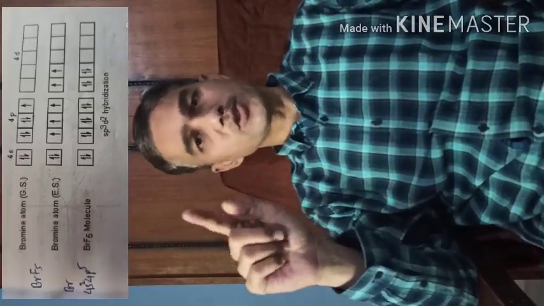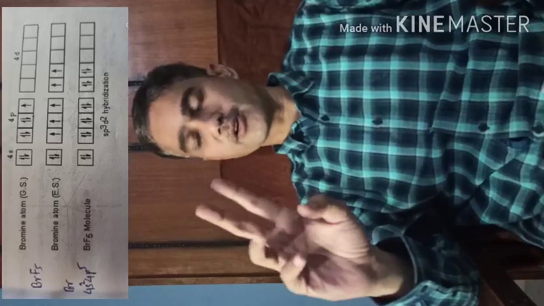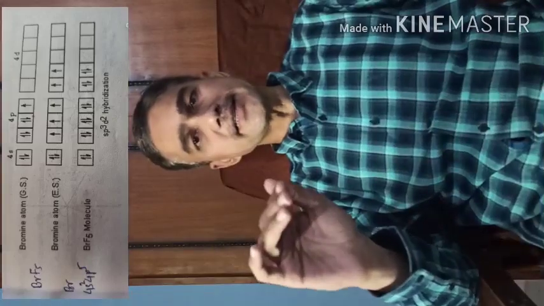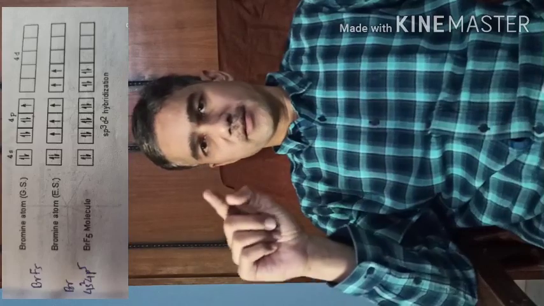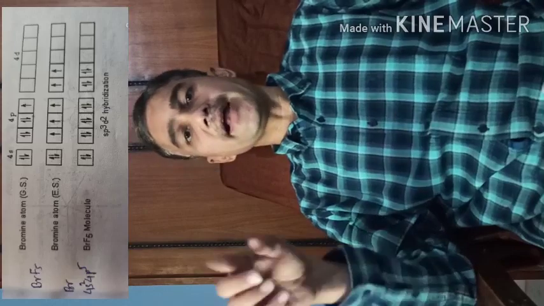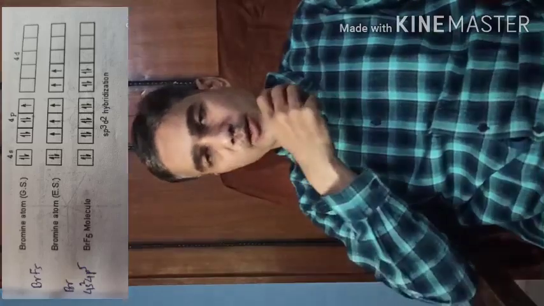The ground state electronic configuration of bromine is 4s2 4p5. In the excited state, 2 electrons get promoted from the p atomic orbital to vacant 4d atomic orbitals, thereby giving 5 unpaired electrons in total. And these atomic orbitals will undergo sp3d2 hybridization to give 6 new hybrid orbitals which will orient themselves in octahedral fashion.